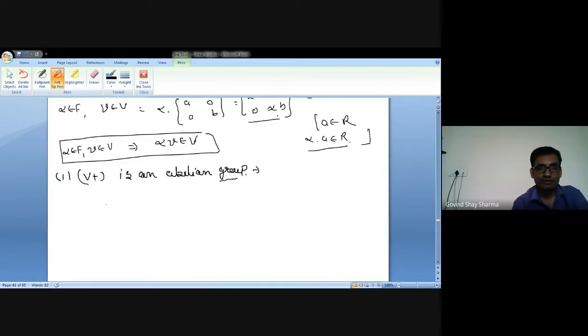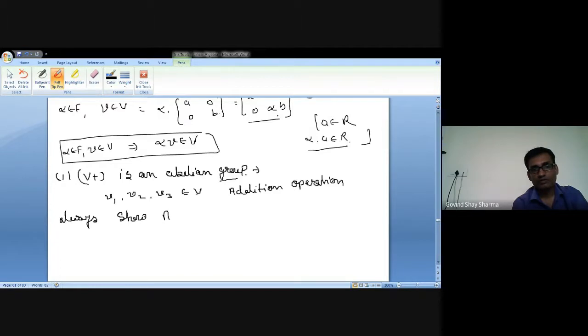Now we take three elements V1, V2, V3, and we know that the addition operation always shows the associative property.